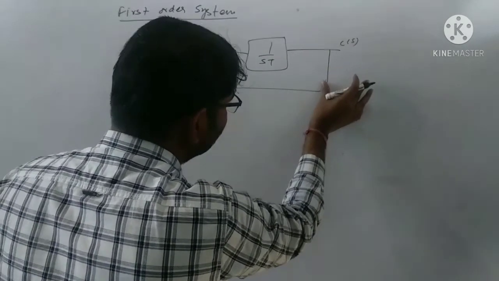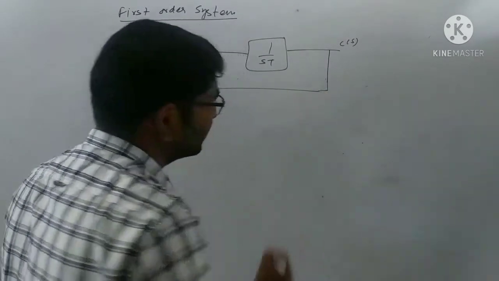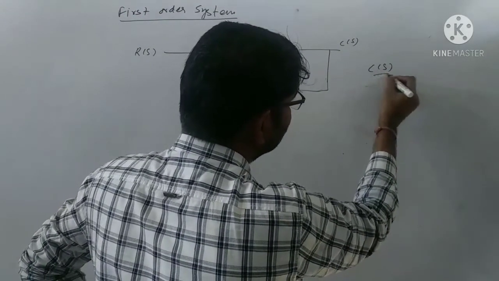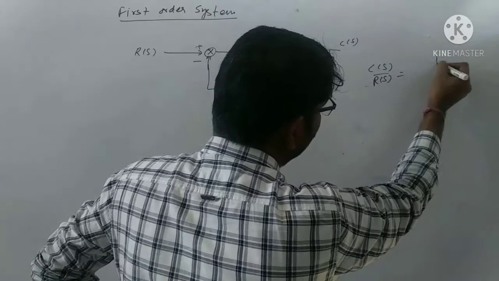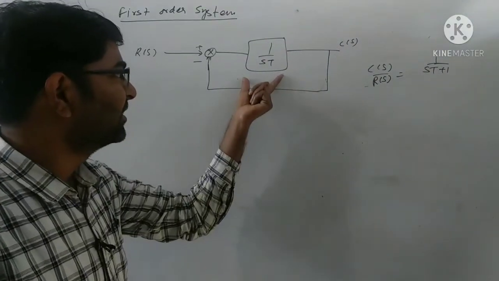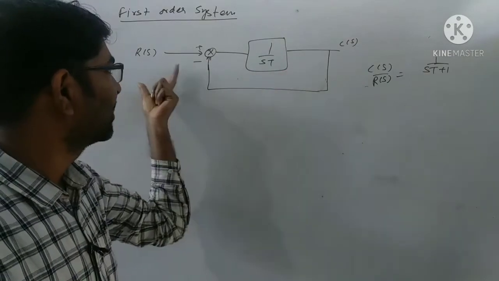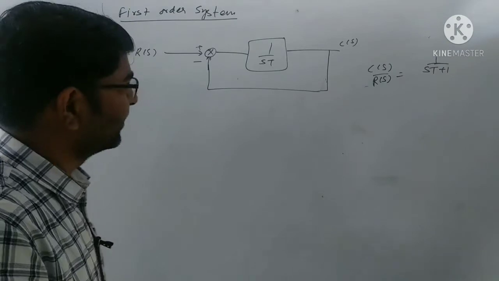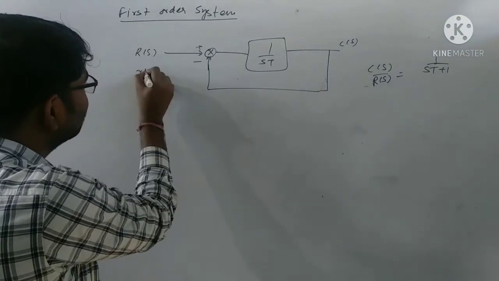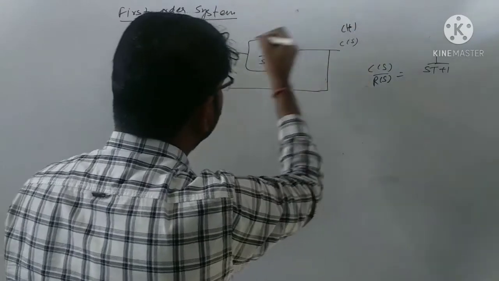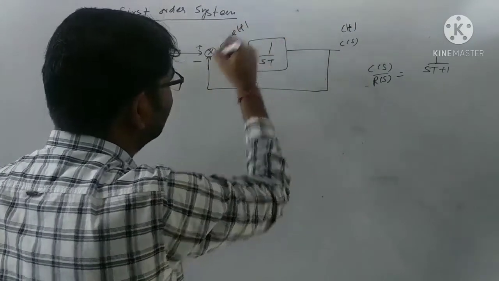I'm considering the unity feedback system, right? So the closed loop transfer function can be written as C(s) upon R(s), which is 1 over sT plus 1. This is in the time domain, it is r(t), in the time domain it is c(t), and this is the error signal I call e(t).